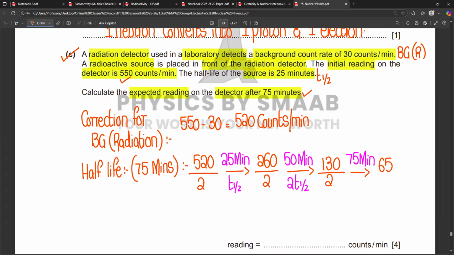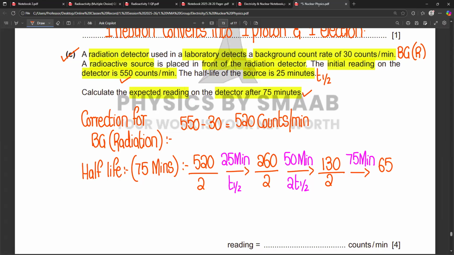But what do you think when this radioactive element is placed in front of the detector after 75 minutes? Will it show the background radiation or not? If this element is placed in front of the detector even after 75 minutes, do we still have background radiation or not?